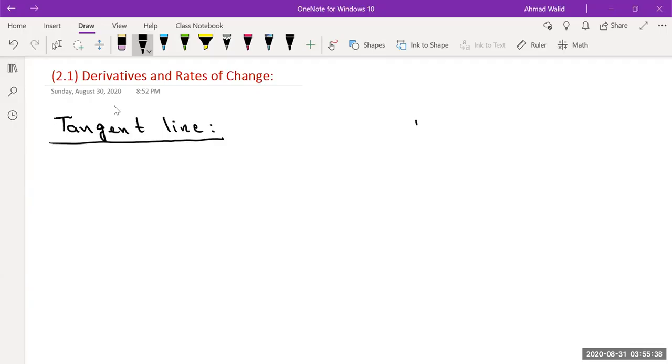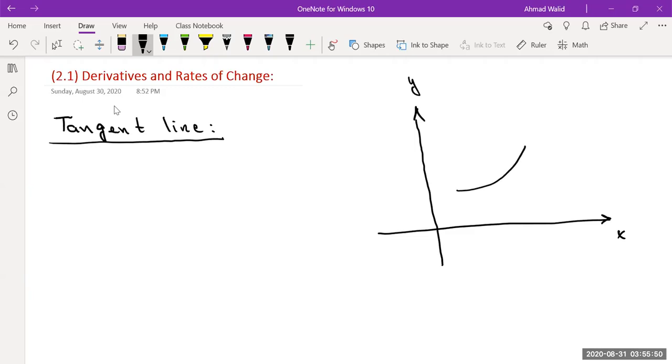For example, if I draw again my curve for you, the curve that I used before. This is X, this is Y. Let's say we have a curve like this. This is a function f of x, correct? We had 2 points.